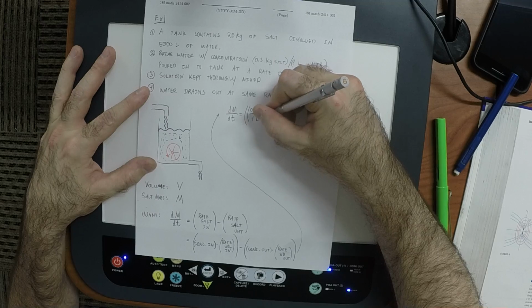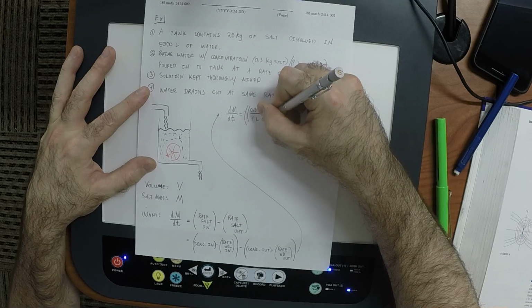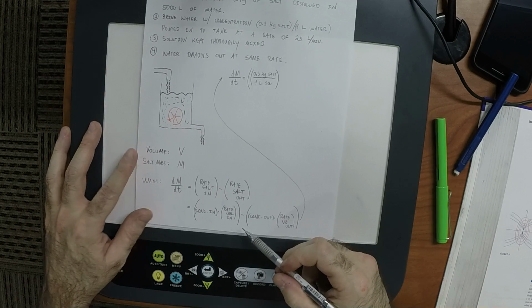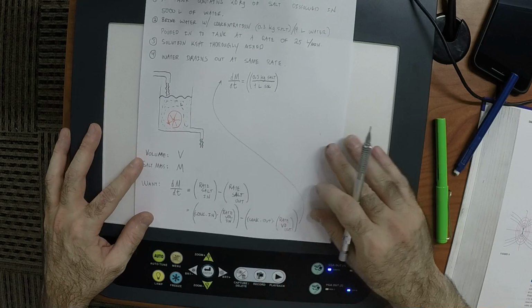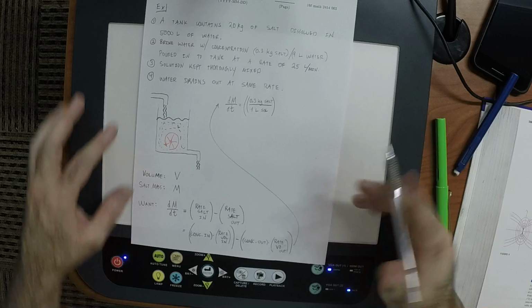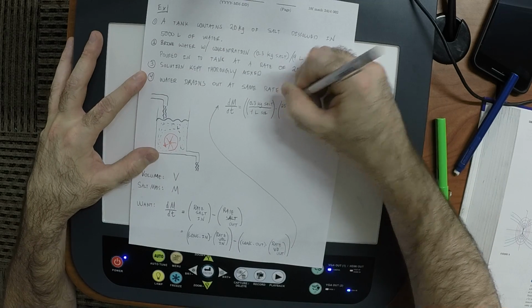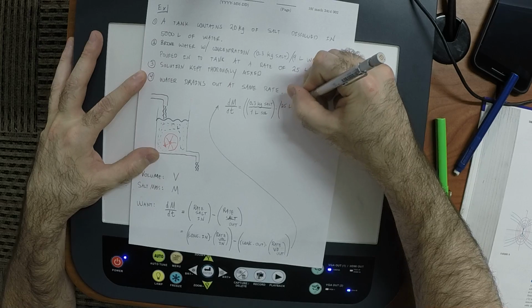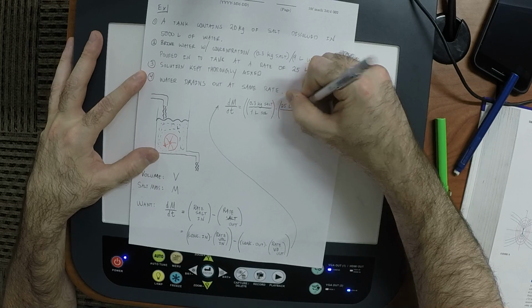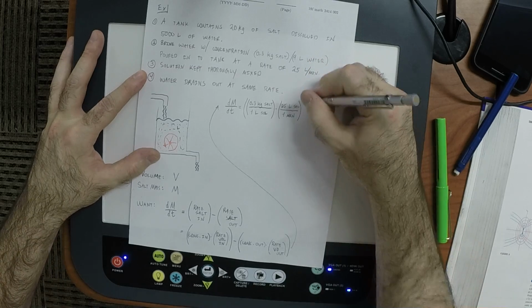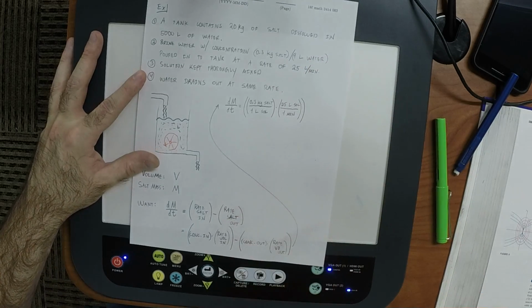It's really 1 liter of solution, because we're ignoring the volume of the salt. And then how fast is it coming in? 25 liters per minute.